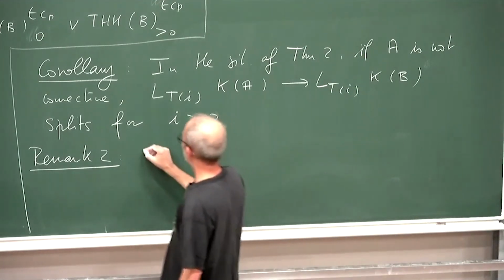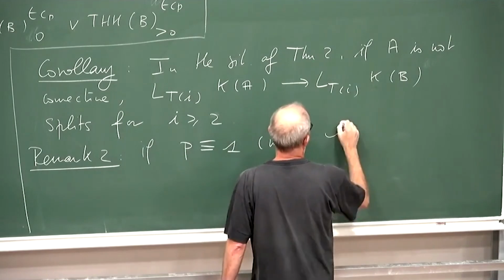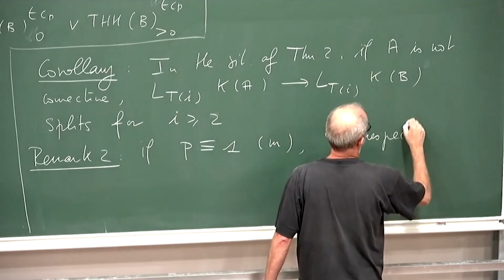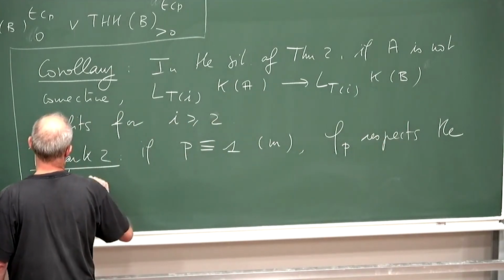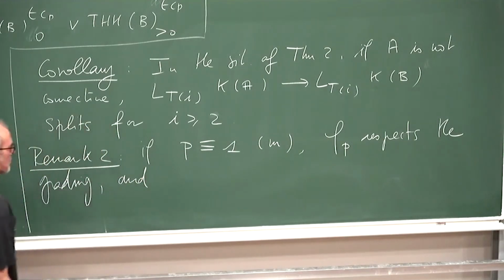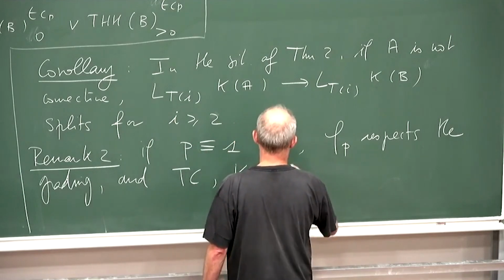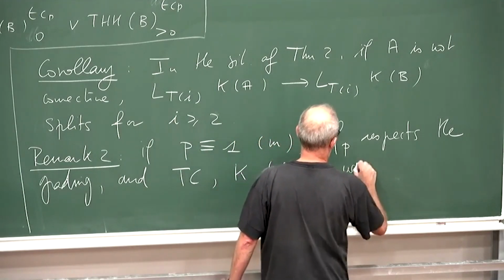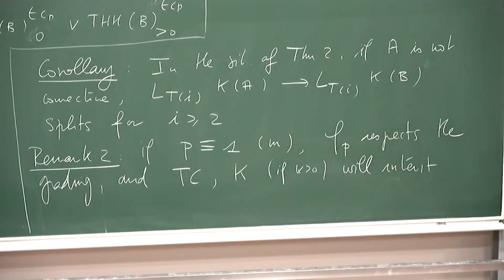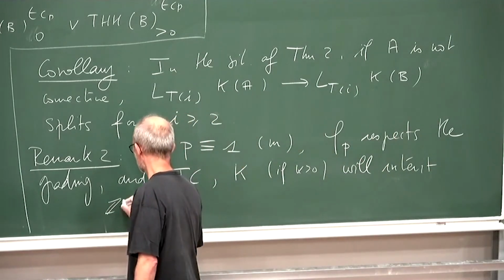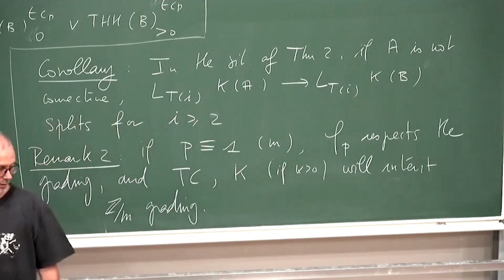So if P is congruent to 1 modulo M, then it respects the grading, and therefore TC and K-theory will inherit a grading. Okay, so Özgür, yeah, maybe I'll write it after.